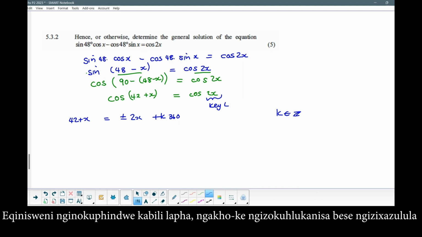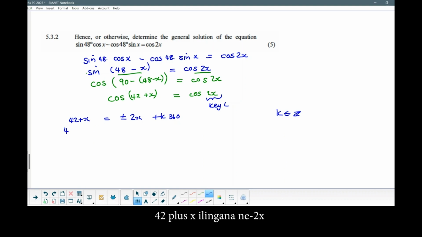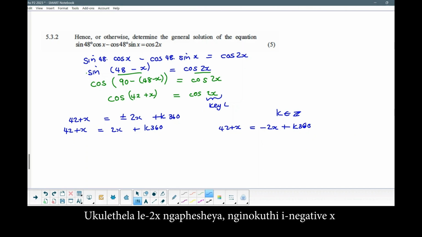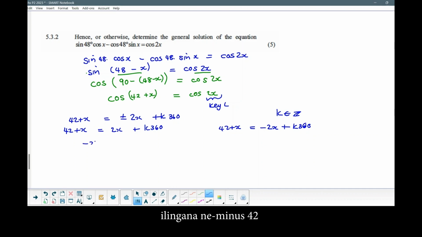I've actually got two equations here, so I'm going to separate them and solve them separately. 42 plus x is equal to 2x plus k360, and 42 plus x is equal to negative 2x plus k360. All right, bringing the 2x over onto this side, I have negative x equal to negative 42 plus k360.